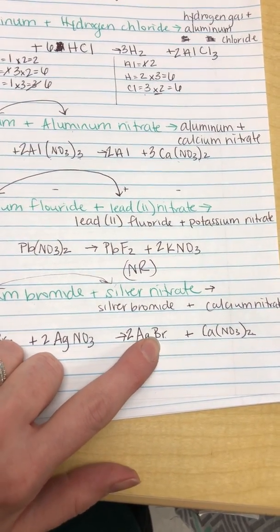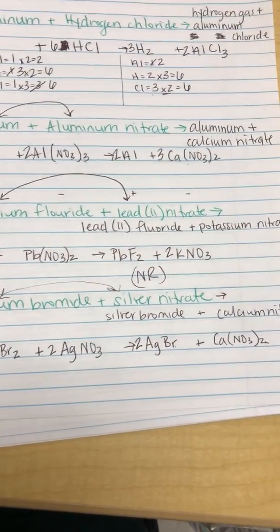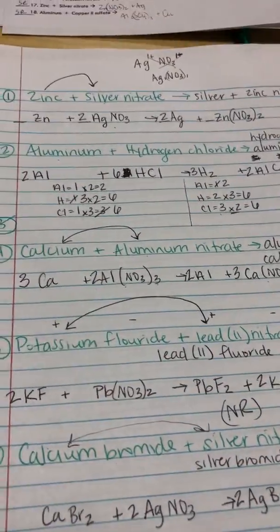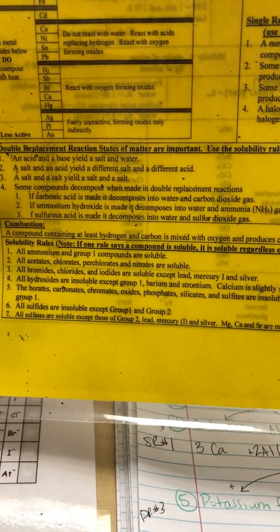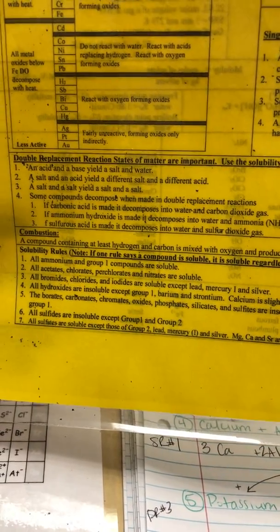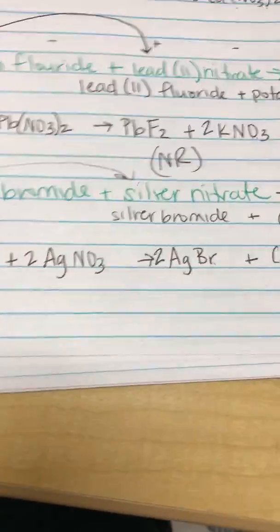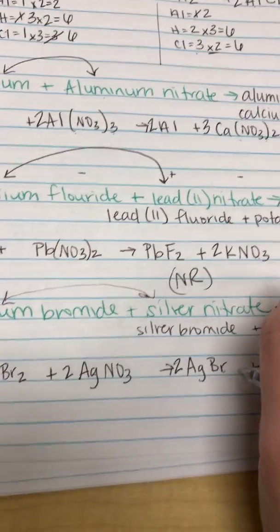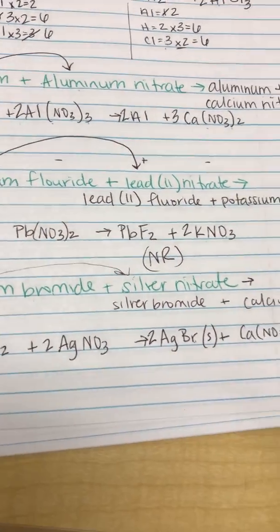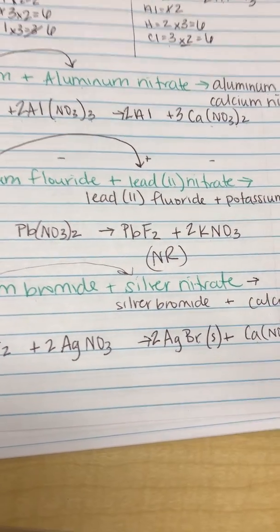So let's look at this first one. This is a bromide. So do we see anything about bromides on my solubility rules? Okay, number 3 says all bromides are soluble except lead, mercury, and silver. Well, what do you know, I have a silver bromide. So it's not soluble. That means I'm going to put my little S for solid.